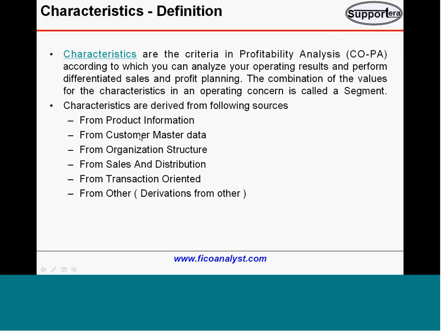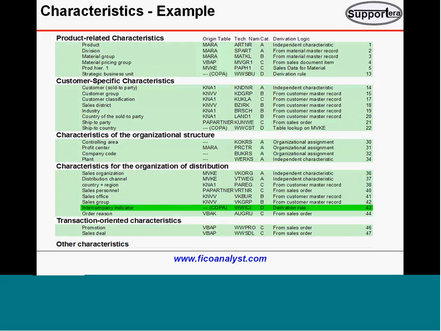So the characteristics definition, we'll come back and analyze in more detail. But if you think of a characteristic, for example, let's look at the product related characteristics. Say product itself is a characteristic. Right now, don't look at technical details and all that, because I will explain that more clearly.